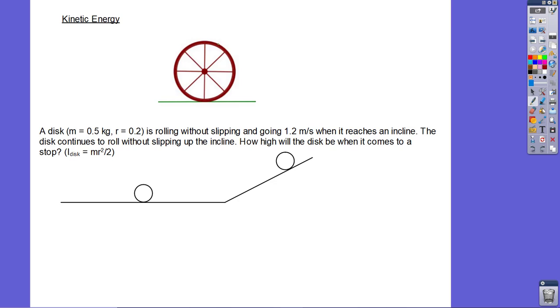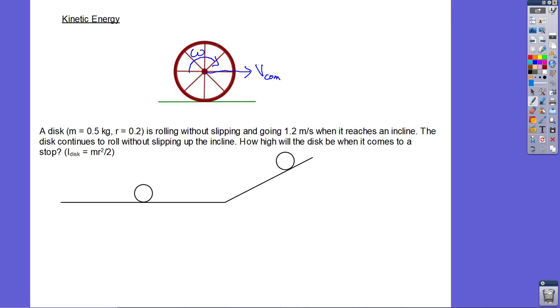Okay, now when we talk about energy, kinetic energy, so let's say that we have something that is rolling, okay, so it is rolling without slipping. So not only is it the velocity of the center of mass, it has translational velocity. Some people call that velocity of the center of mass, but it also has angular velocity as it rolls, omega.